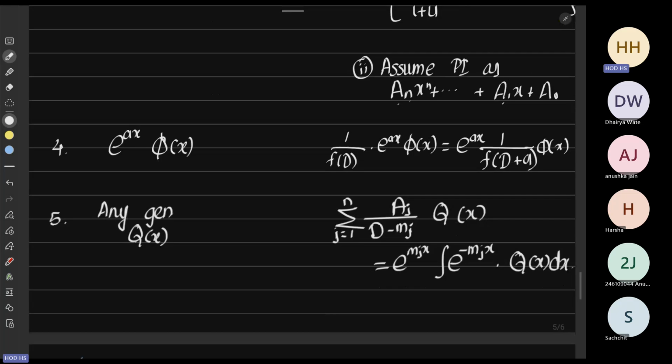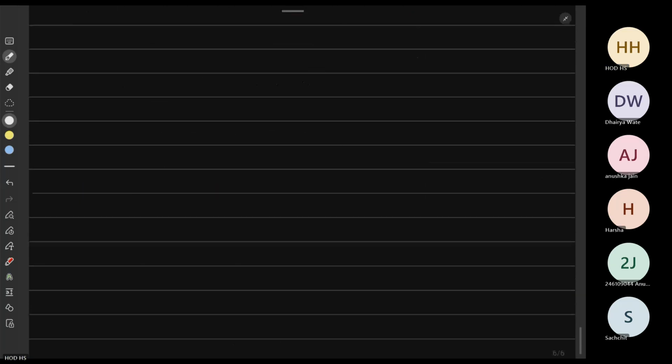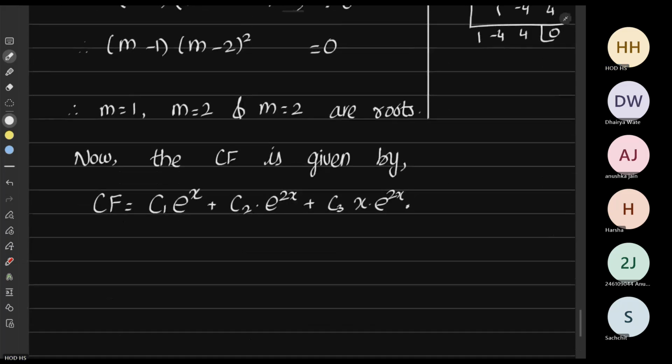And one more thing: if my Q of x is 0, my particular integral is always 0. So if the right hand side is 0, I will consider the particular integral as 0. So nothing to do with that. So I have calculated my complementary function.